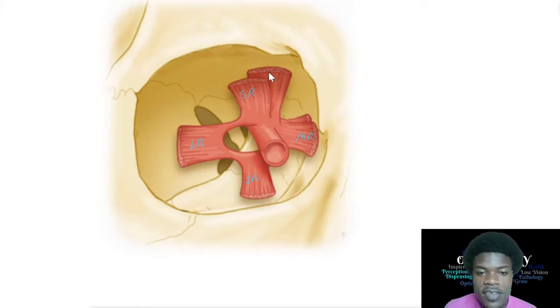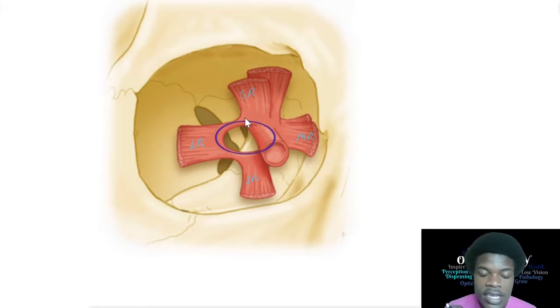And this one behind here is actually that levator palpebral superioris as well. Good. So these 4 rectus muscles actually come out from what we call the annulus of Zinn, or sometimes called the common tendinous ring or the annular ring. So guys, this here is where these 4 rectus muscles originate from.